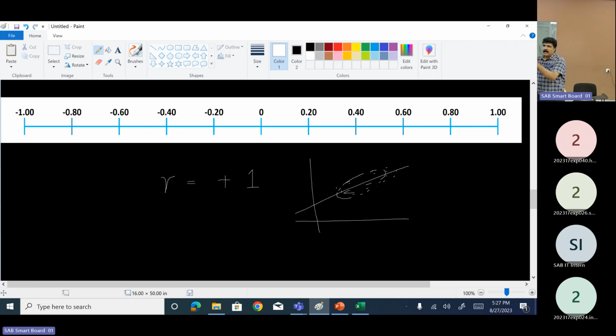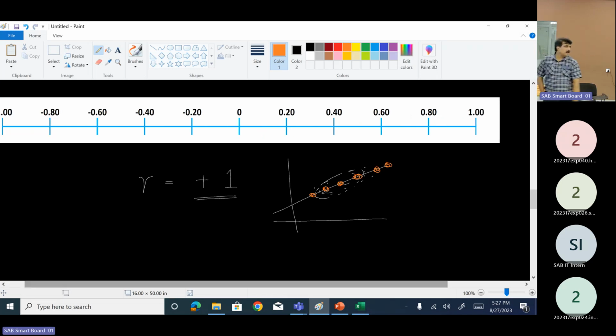But for a data set where R equals plus 1, the points are not closer to the straight line. Straight line is slanted to the right, but the points are on the line. R equals 1 means the points are on the line.